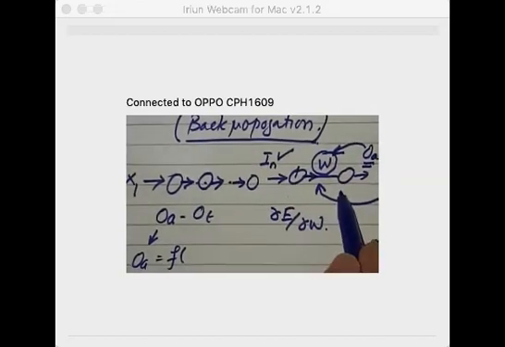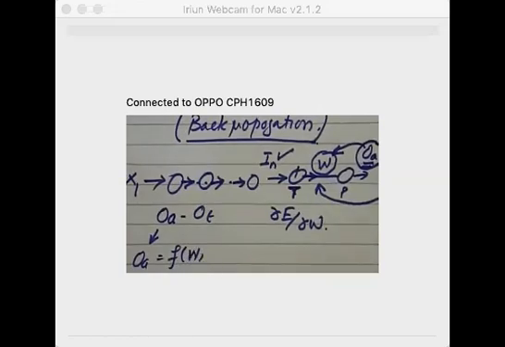So the input to, let's call this the pth neuron, is the output of the tth neuron. The output of the tth neuron is the input to the pth neuron, and that translation is with respect to this W. So OA here is a direct function of W plus the output of the tth neuron that you have got here.